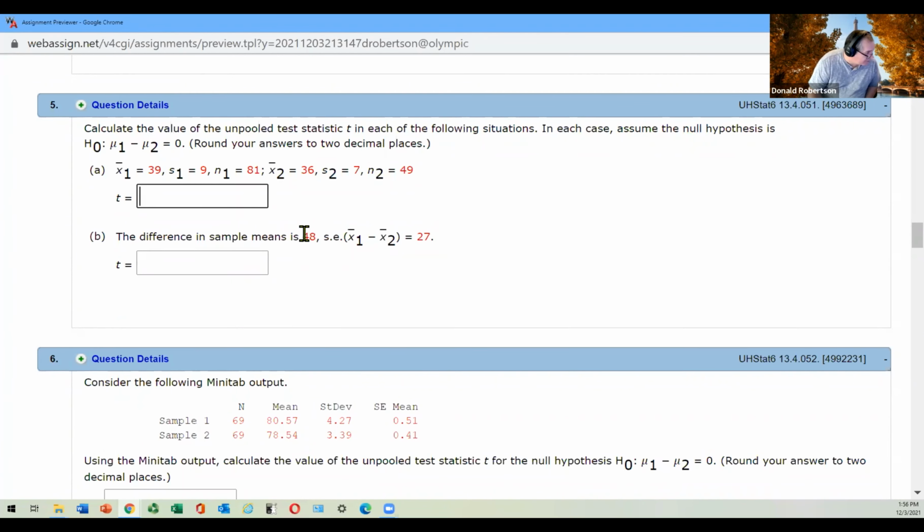In this case here, they're telling you the difference. So it's 48, and you're going to divide it by the standard error. In this one, you're going to have to calculate the difference. So it's going to be 39 take away, what's the other number, 36. And then you're going to have to divide it by the standard error. But you're going to have to get your calculator and write down that big formula, you know, S1, square root S1 squared, and you would get it.